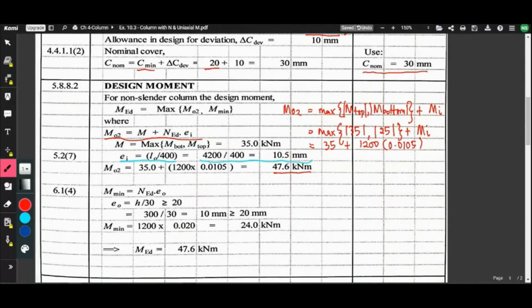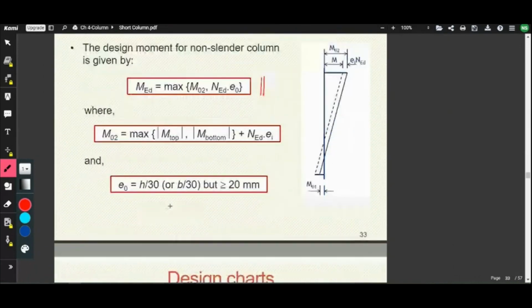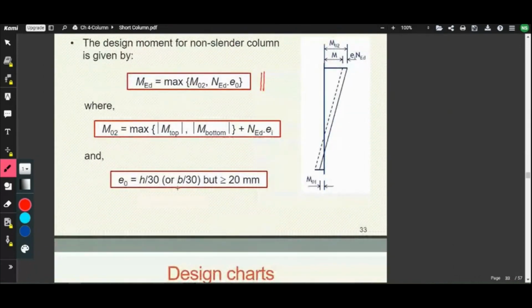And then the minimum moment due to minimum eccentricity, NEd times e0. e0 is h over 30 or b over 30.